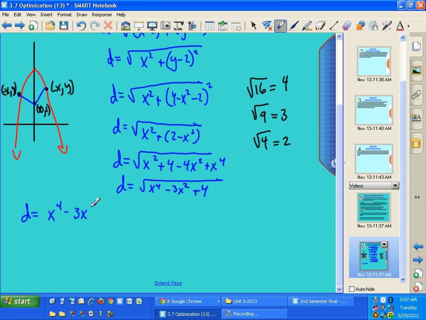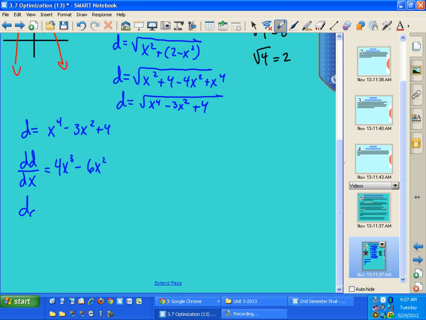So now if I differentiate this with respect to x, I get something that looks like this. That's supposed to be a 6x squared. And so then my differentiation with respect to x factored could be something like this.